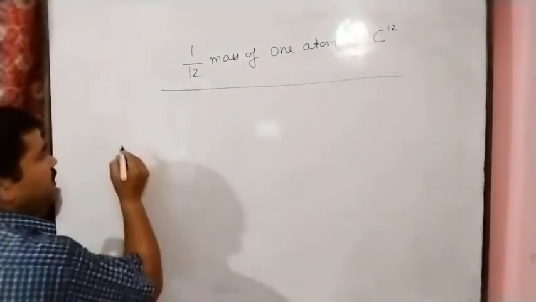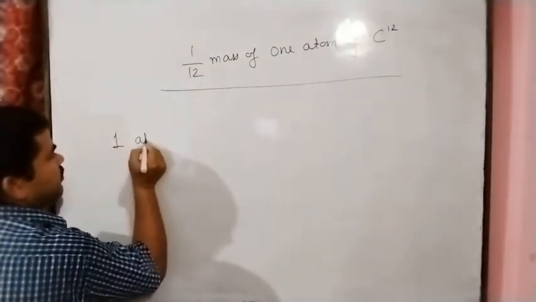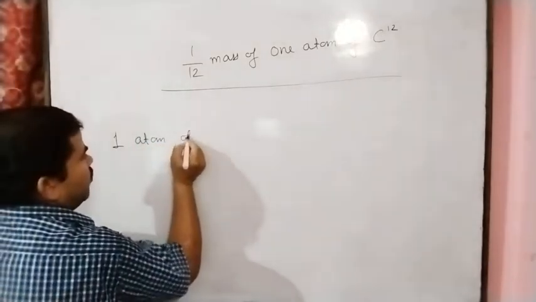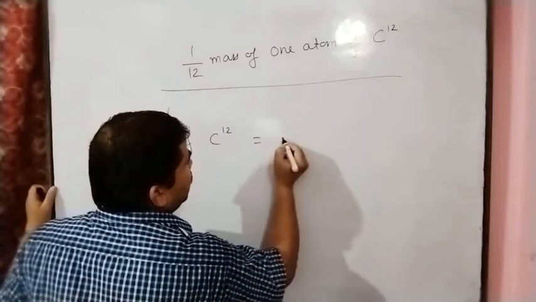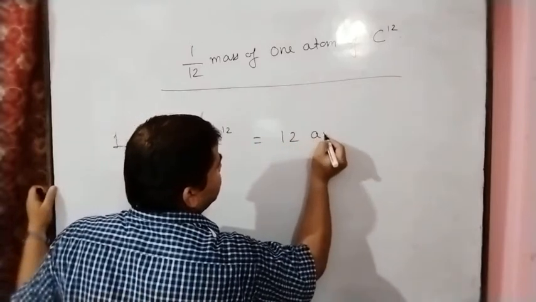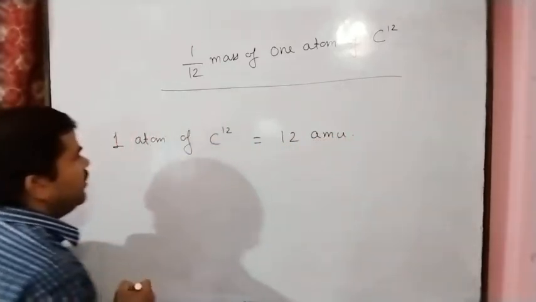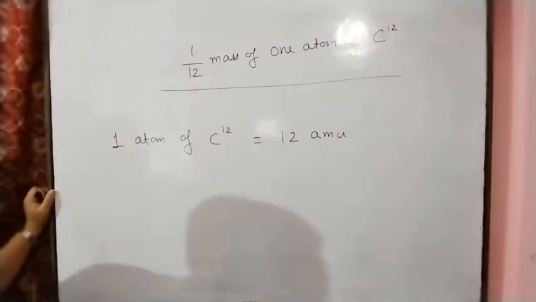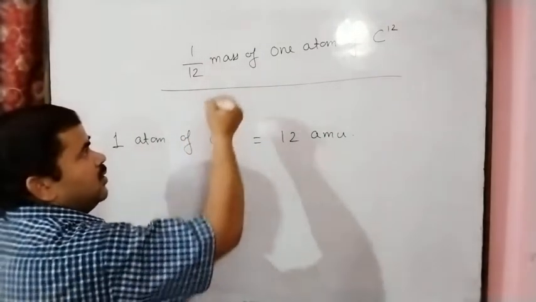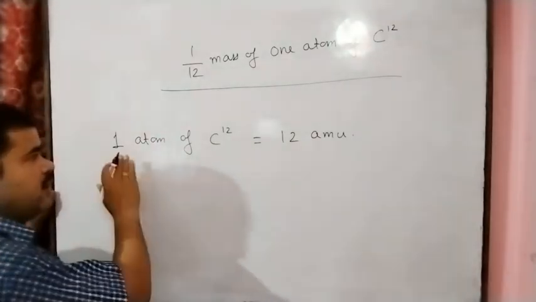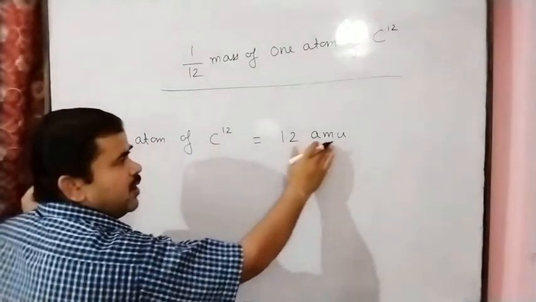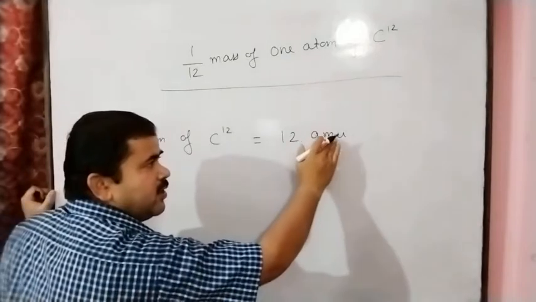We know that one atom of carbon-12 is equal to 12 AMU, and AMU means atomic mass unit.